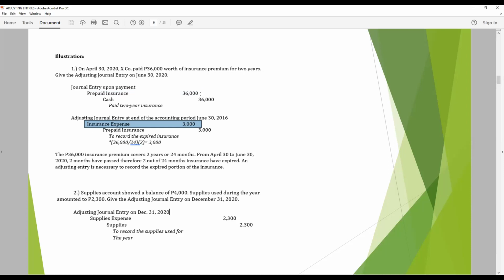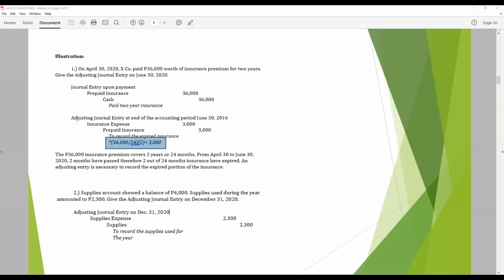So, paano nyo i-compute yung expense for 2 months? 36,000 divided by 24. 24 kasi 2 years. Ilang months sa 2 years? 24. So, makukuha nyo dito yung cost per month. Ang cost per month ng prepaid insurance is 1,500. 1,500 times 2 months is 3,000.